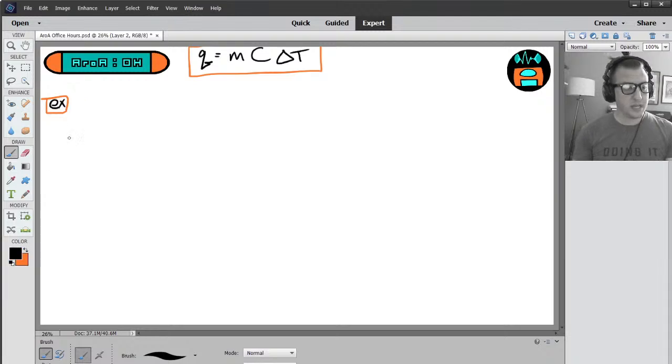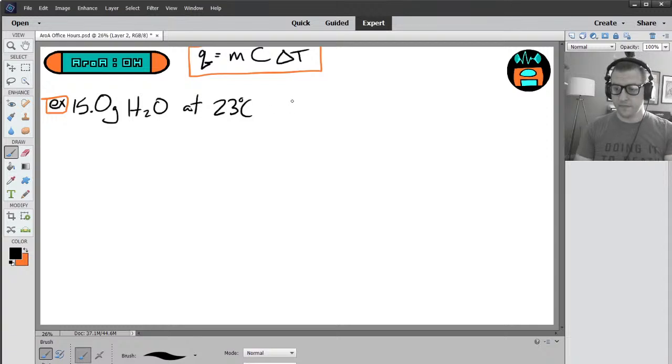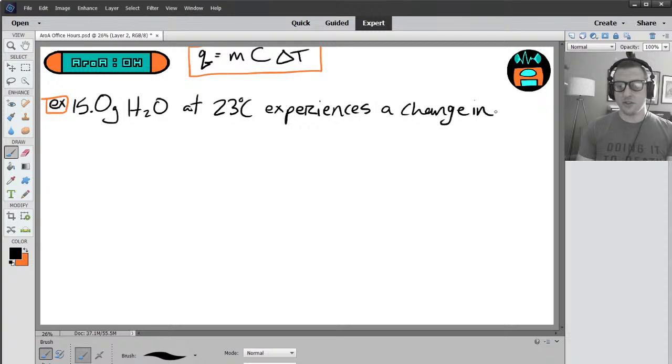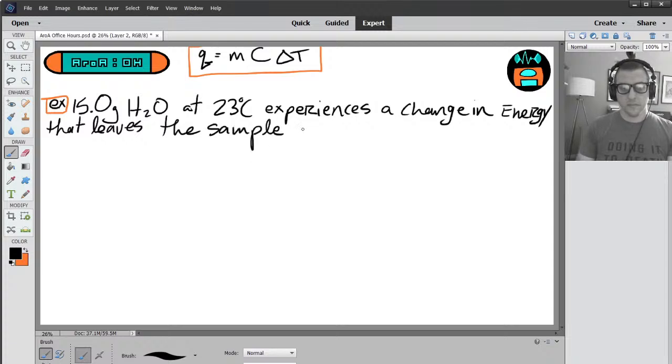Let's write this in black, not orange. 15.0 grams of water at 23 degrees Celsius experiences a change in energy that leaves the sample at 32 degrees Celsius.